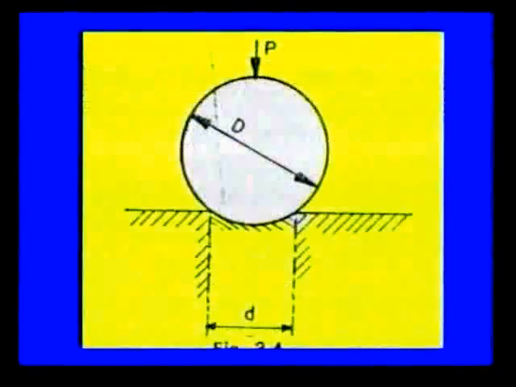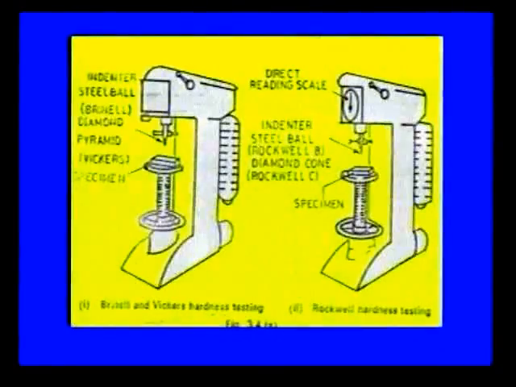In the case of Brinell hardness test, we are using a ball indenter and the experimental setup is as shown in the figure. In this setup, the workpiece is placed in the vise and the handle is used for loading, and here we are using the ball indenter for the Brinell test and the diamond indenter for the Vickers test.